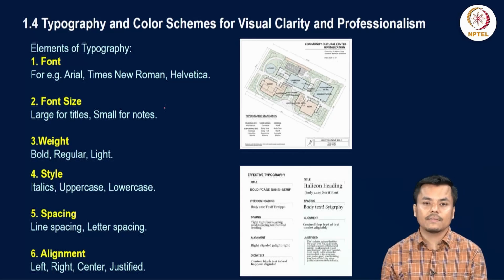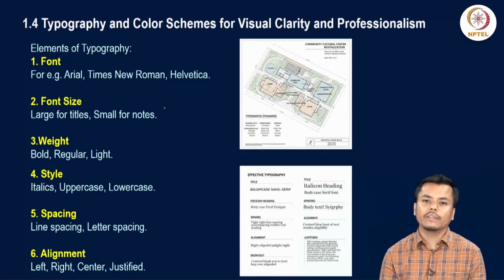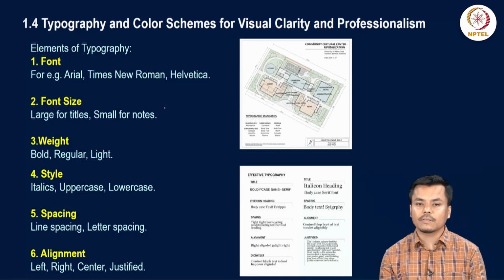Spacing, line spacing has to be there so that the readability is increased. Accordingly, letter spacing has to be thought of as per the requirement in the sheets. To highlight the importance of a particular drawing, you can decide on line spacing and letter spacing so that the composition within the sheet is in a very proper order. Along with that, you also have to focus on the alignment, whether your text or the drawings are left aligned, right aligned, centered, or justified.